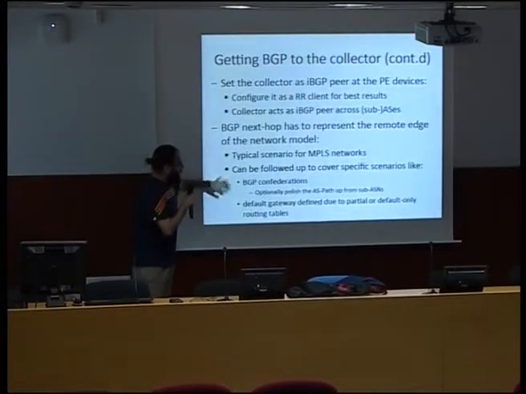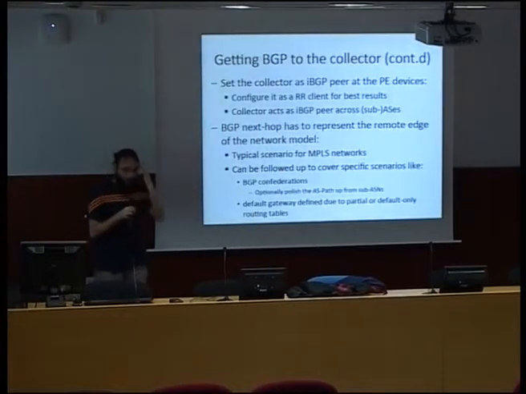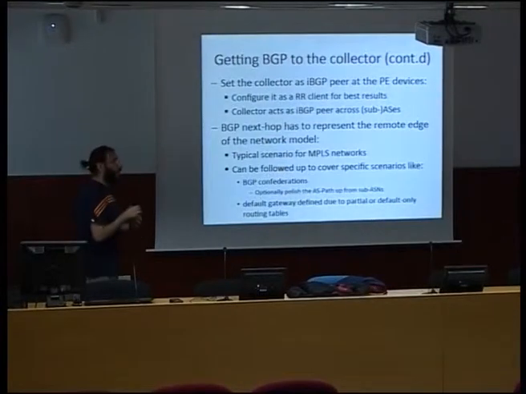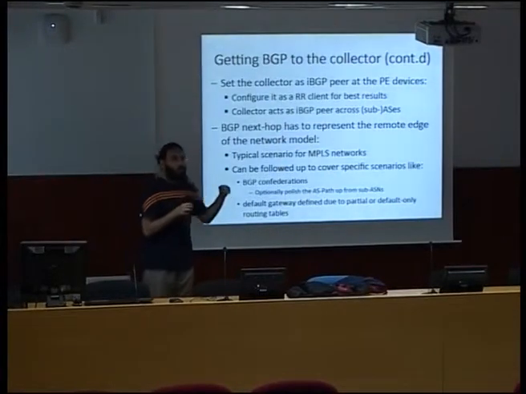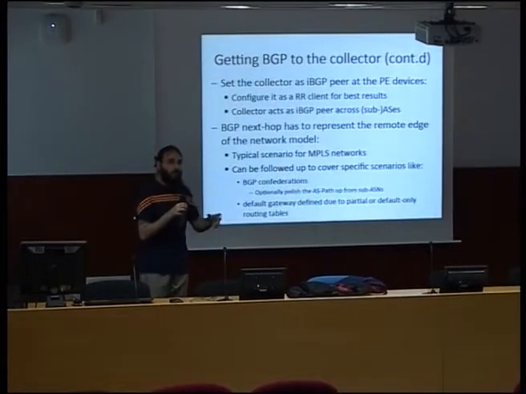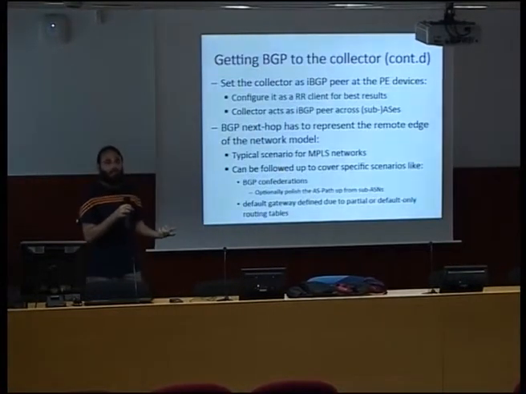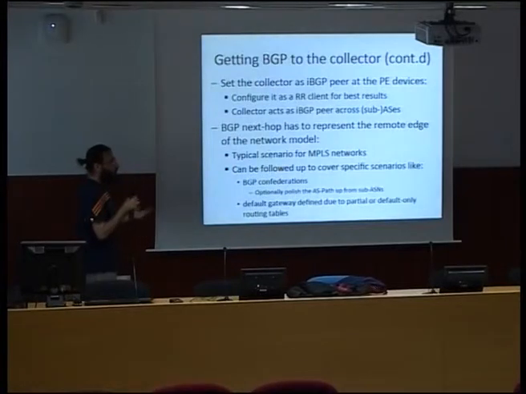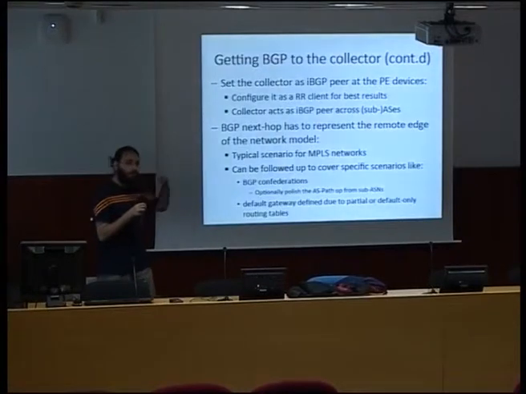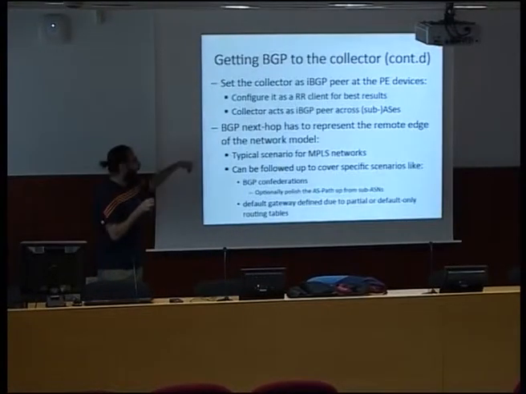Of course, you can have several scenarios. For example, you can have confederations, or some small routers that have only partial routing. They don't have the full table, but only local or regional routes, and then they have a default route. The moment you have a default route, of course, you kill the concept of having a BGP next hop that is the other end, the egress point of the model.